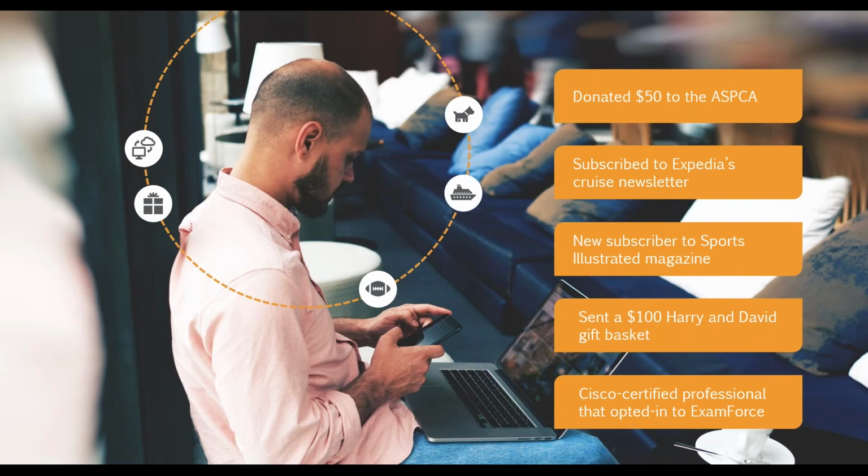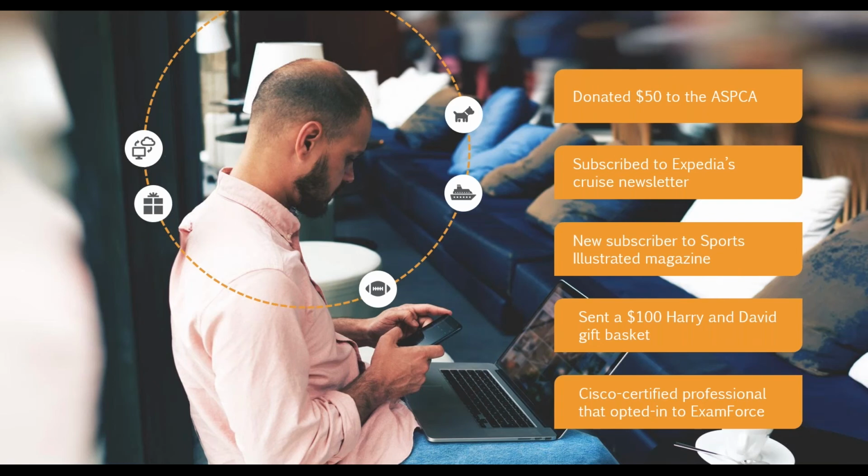So we've listed a few examples here. Another great one is that they've actually subscribed to an Expedia Cruise newsletter. So I may have expressed as a consumer that I'm interested in travel. I think right now, in this day and age, everybody would be interested in travel if they could. We're desperate for vacation. But if I've actually subscribed to the Expedia Cruise newsletter, I'm going to be more apt to take a cruise.